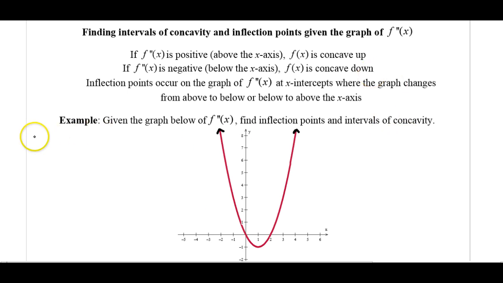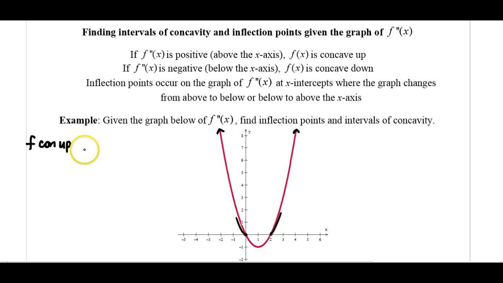Alright, so let's start with finding where f, the original function, is concave up. Since this is a graph of the second derivative, I want to know where the second derivative is positive, or above the x-axis, to find intervals of concave up. So this graph is above the x-axis from negative infinity to 0 and from 2 to infinity.